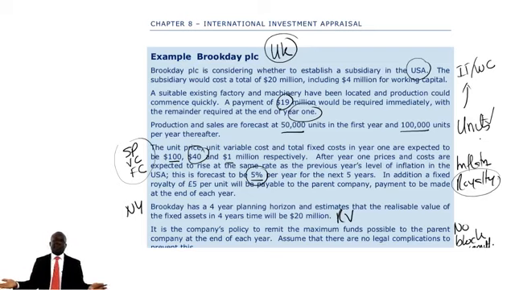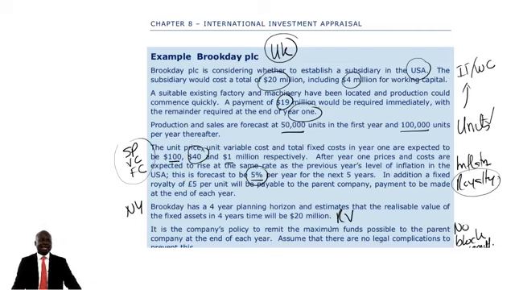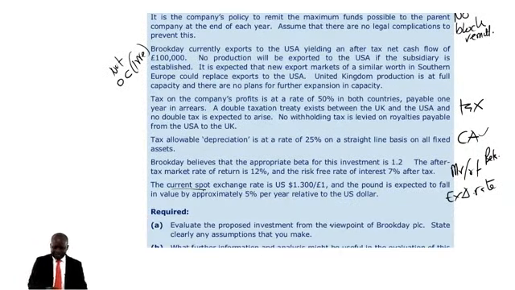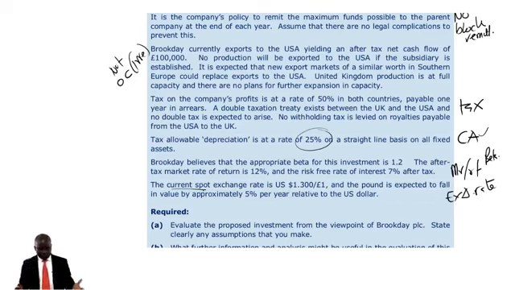So total capital employed is my fixed capital plus the working capital. Therefore, if I have employed 20 million and 4 million is for working capital, then my non-current asset, which is the same as the fixed asset, is 20 million minus the 4 million, which is 16 million. And that 16 million is subject to straight line depreciation, or capital allowance, of 25%.